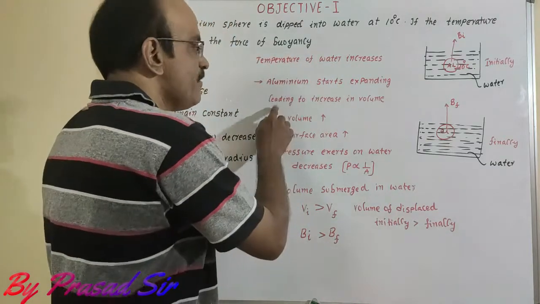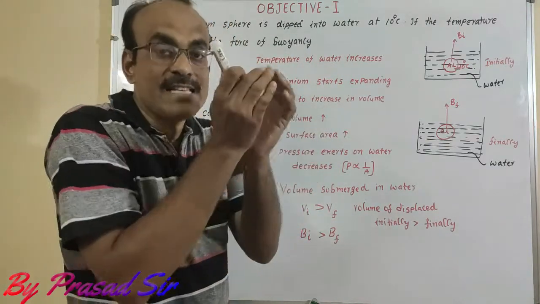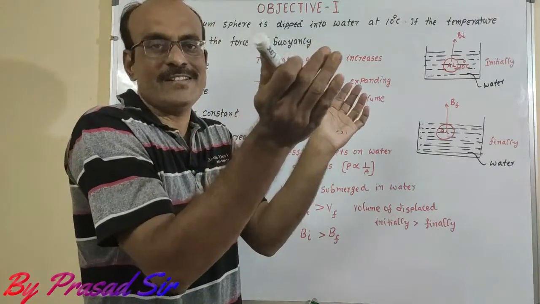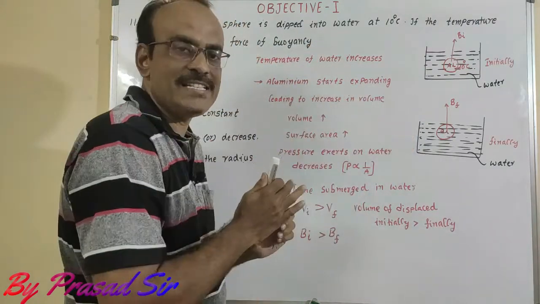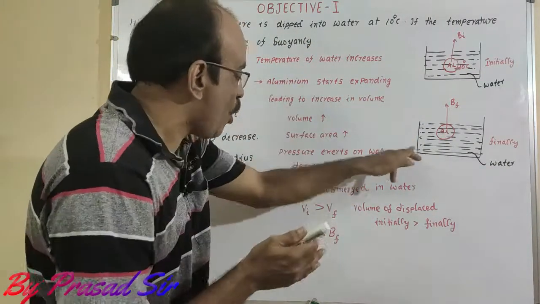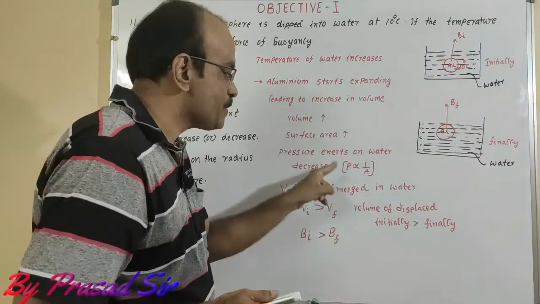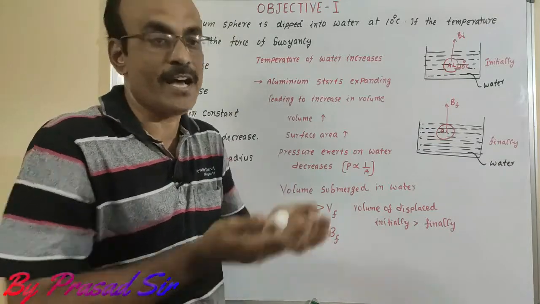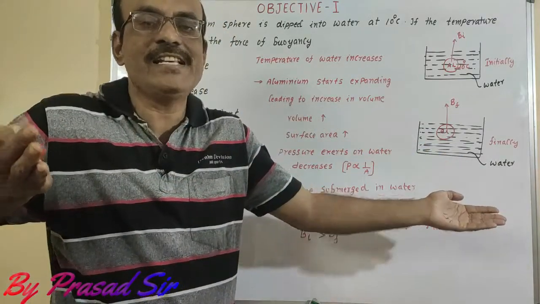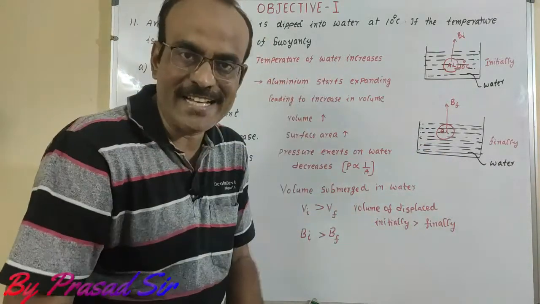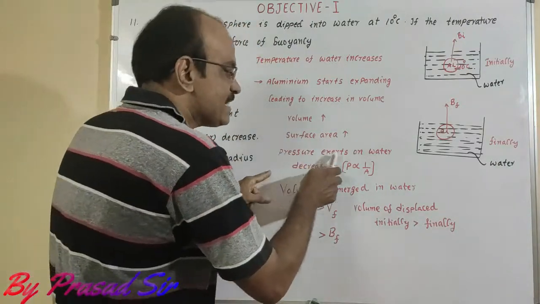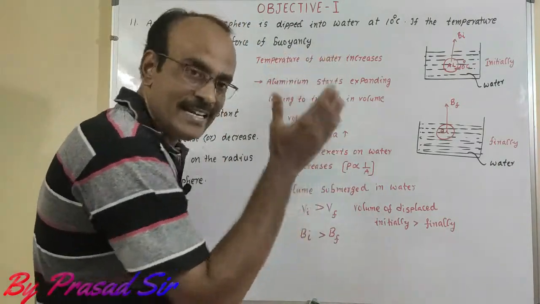Volume increases. Whenever the volume increases, surface area also increases. Whenever the surface area increases, the pressure exerted on the surface of the water decreases. Why? Because pressure is inversely proportional to area. How much the area increases, that much the pressure decreases.